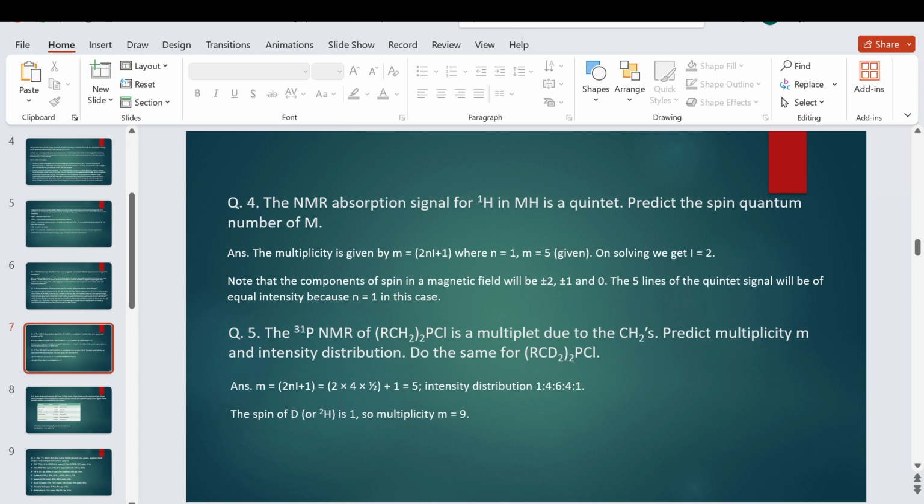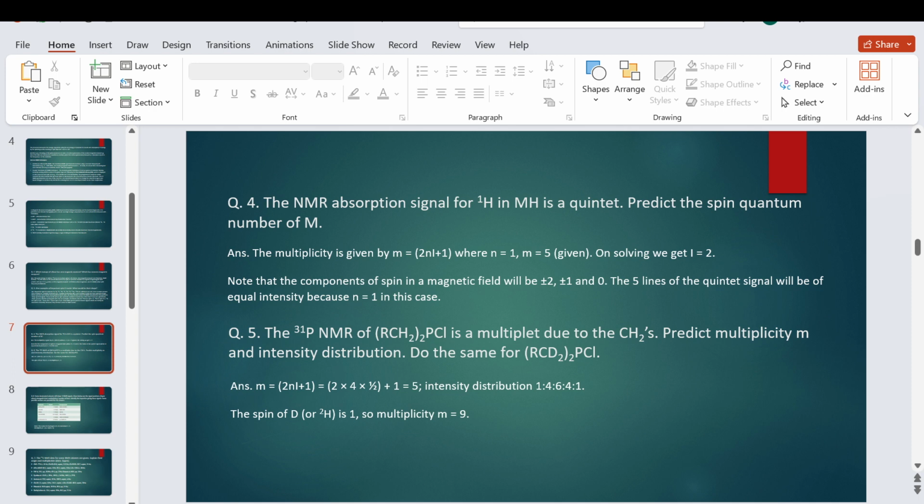Question number 5. The 31P NMR of R2P(CS2)2PCl is a multiplet due to the CH2 groups. Predict multiplicity M. We use the same formula, M equal to 2nI plus 1. I for phosphorus is half. It is being split by 4 protons.